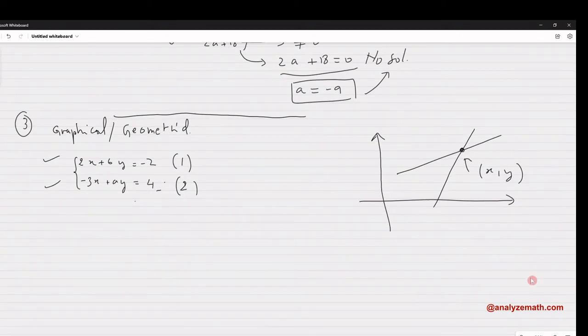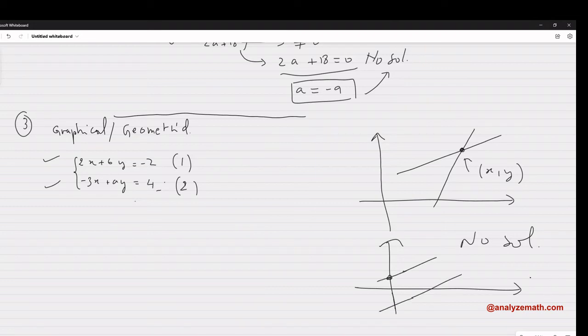Now, the two lines may not intersect at one point, and therefore no solution, if the two lines are parallel and they have different y-intercept. Two lines are parallel if their slopes are equal.